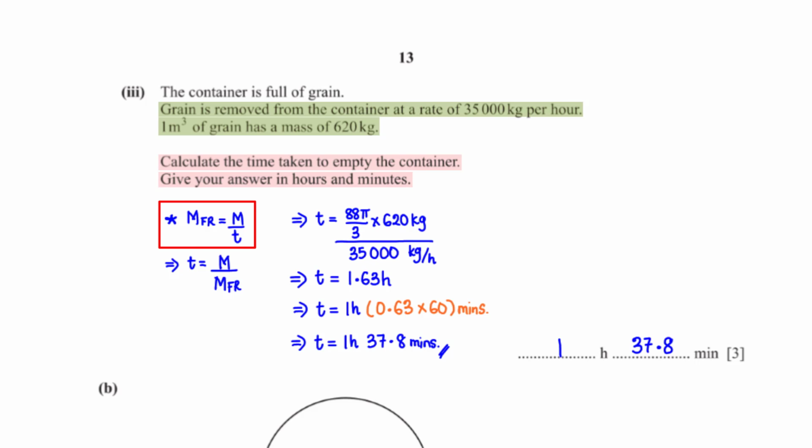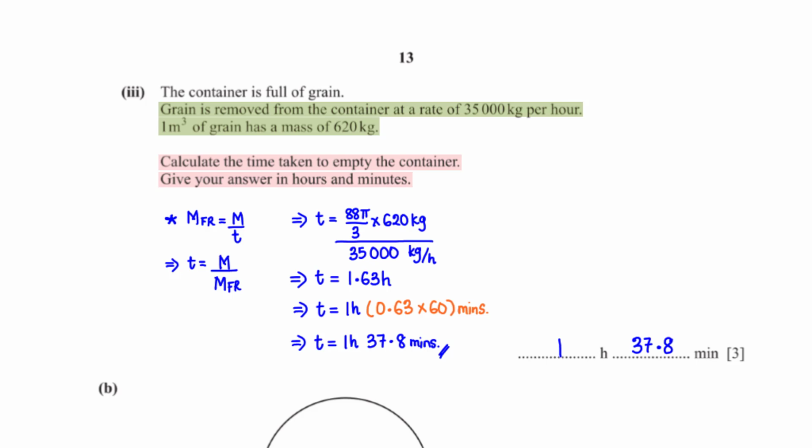Given that the mass flow rate is simply the mass divided by the time, then the time would be the mass divided by the mass flow rate. Since the container is filled with the grain, it means the volume of the grain is also 88 pi over 3 meters cubed.